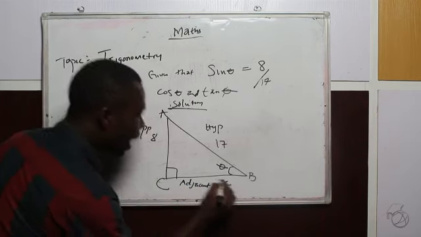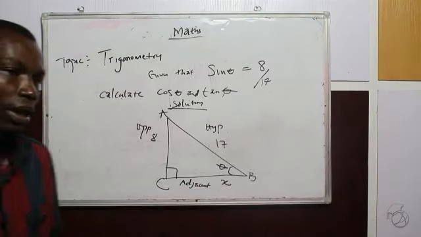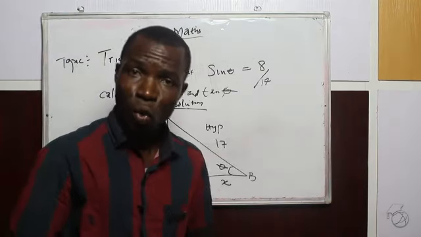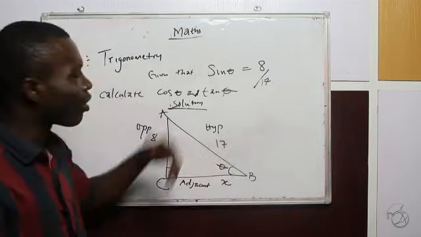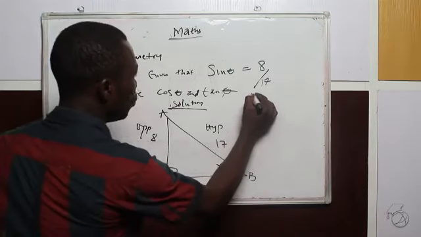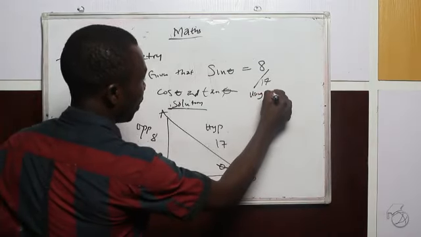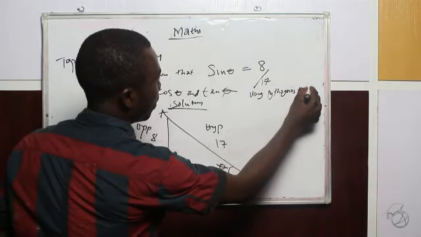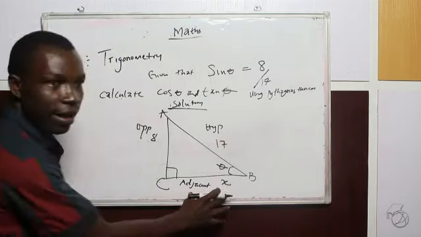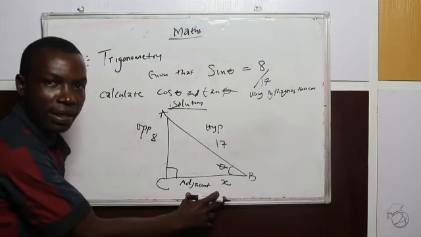We designate it with X. It's unknown, and we have to find it. How do we find it before we can find cos theta? Therefore, using Pythagoras theorem to find the side BC.